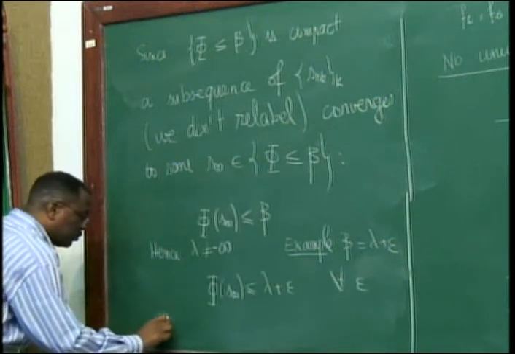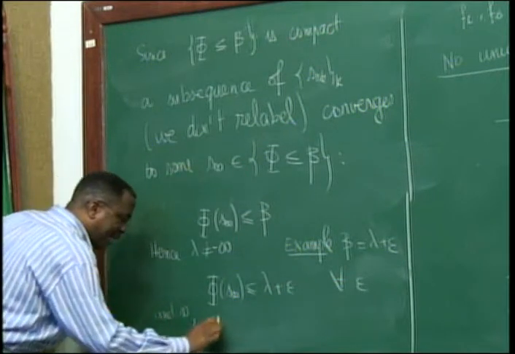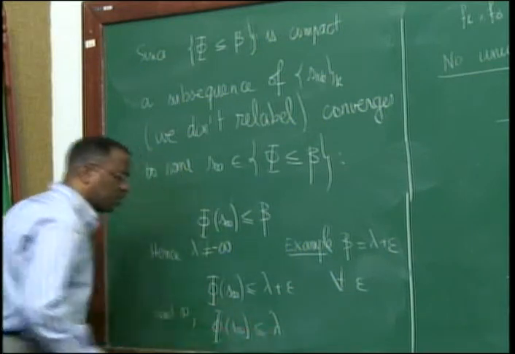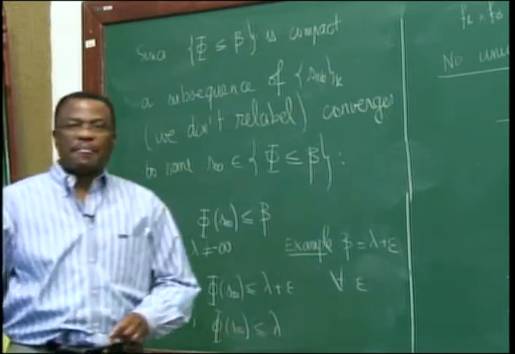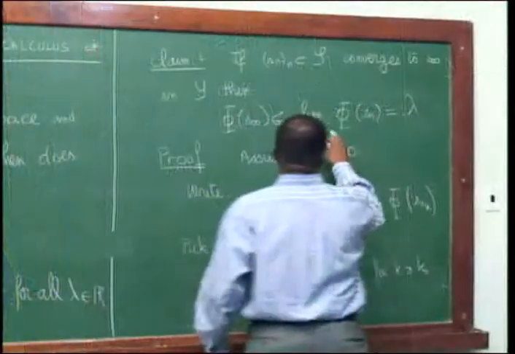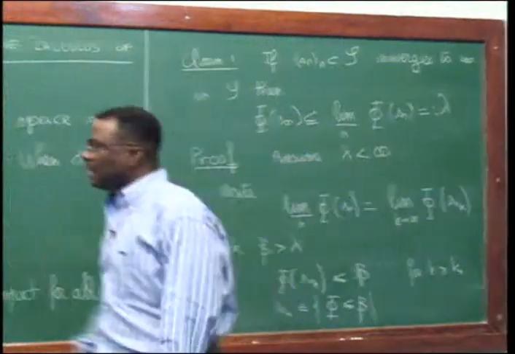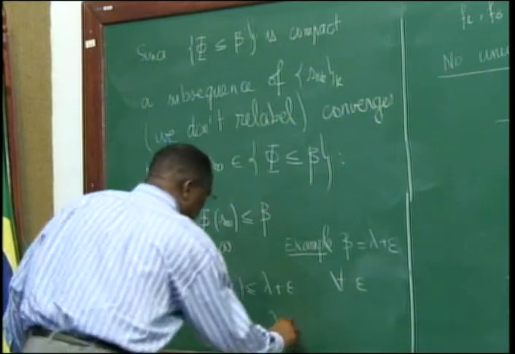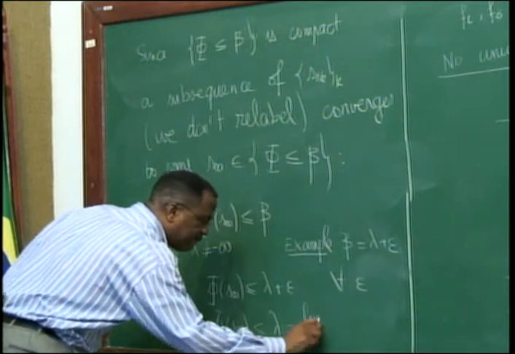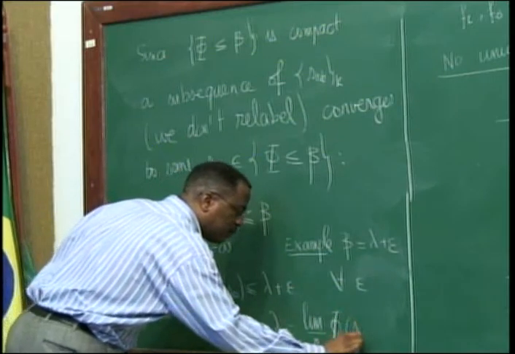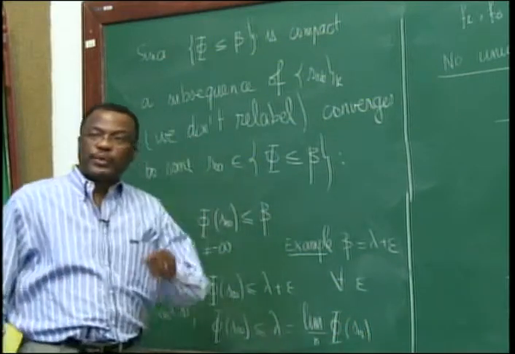And so phi of S_infinity is less than or equal to lambda. But lambda is, by definition, this liminf. And so we get what we want.